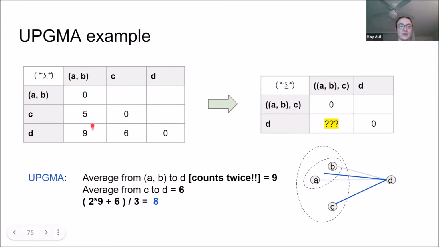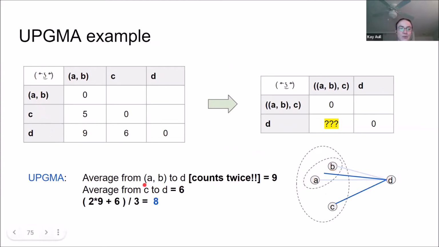And you are taking that into account, and you are taking into account what is the difference between C, which is your other component of the cluster, and D. The distance between A and B and D, you can just look it up on this chart. It is 9. However, in this case, you have to count that twice because there are 2 individuals in the AB cluster and they have an average distance of 9.